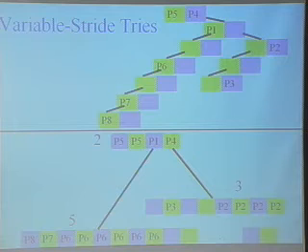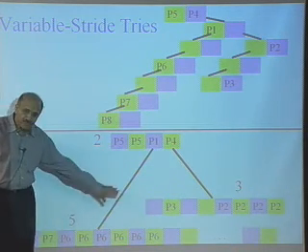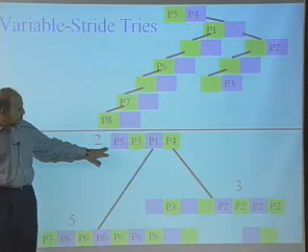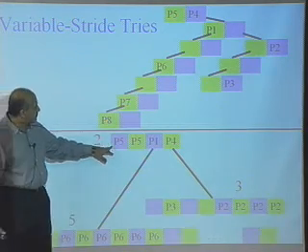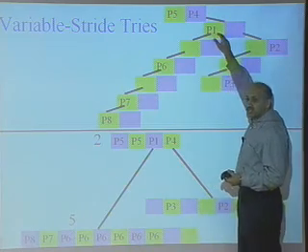Okay. All right, this just talks about runtime. Let's forget that. You can go into variable stride tries. So in a variable stride trie, as I said, nodes at the same level can have a different number of bits that they branch on. So over here, I'm branching on 2 bits. 2 bits means I'm covering these 2 levels of my original trie.